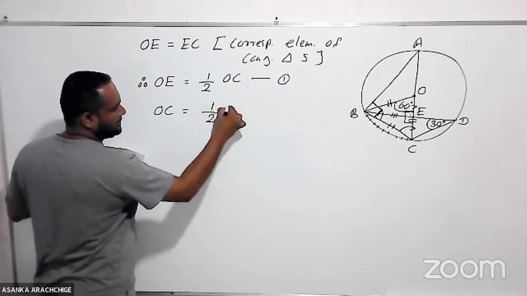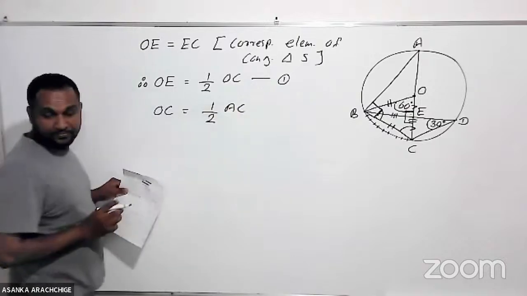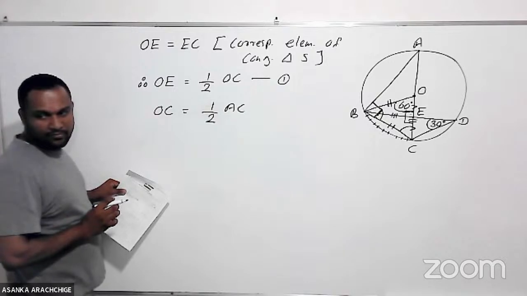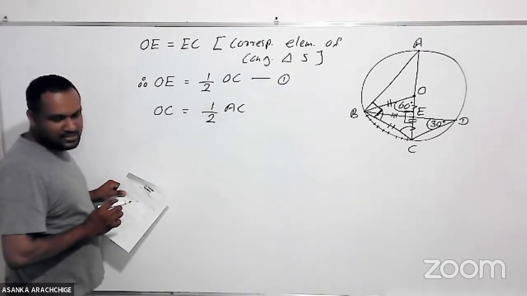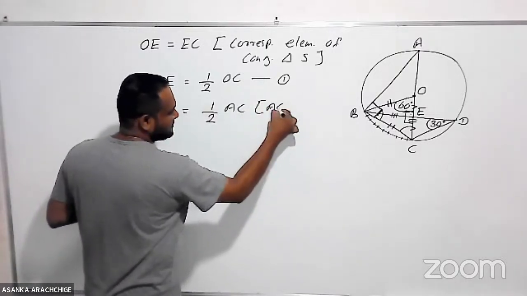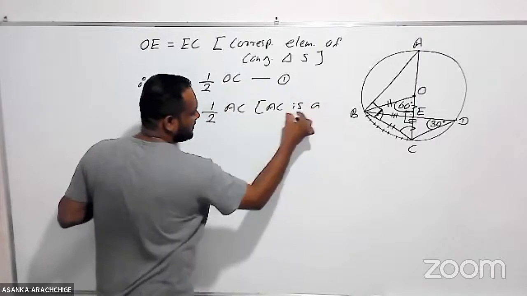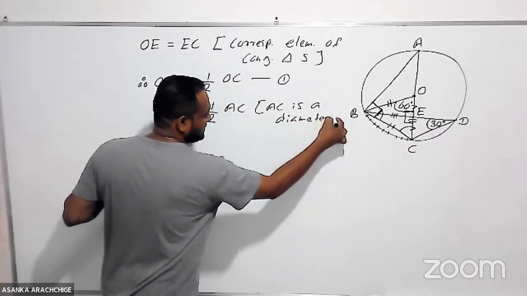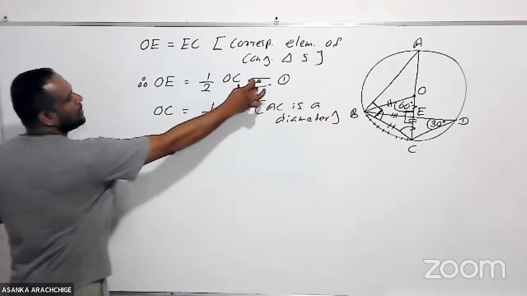Reason? AC is a diameter. Now look from 1.